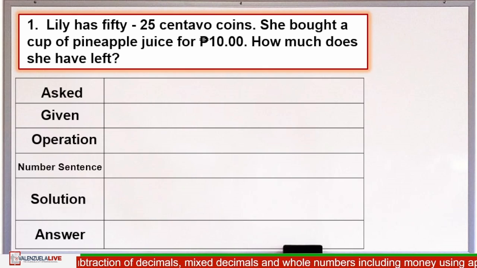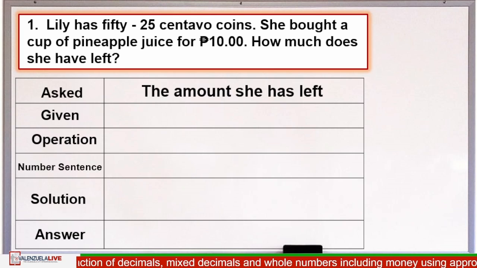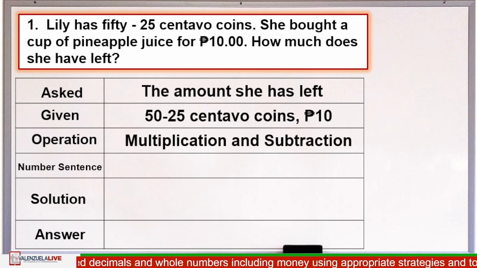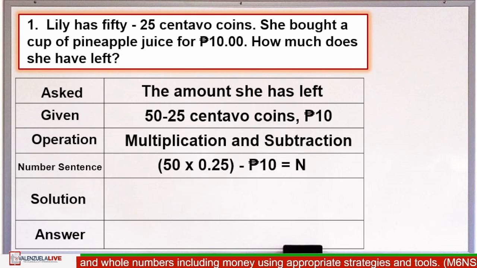The question asked is the amount she has left. How about the given information? There are fifty 25 centavo coins and 10 pesos. The operations needed to solve the problem are multiplication and subtraction. The number sentence will be 50 times 25 centavos minus 10 pesos equals n.